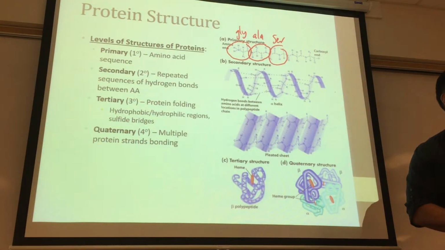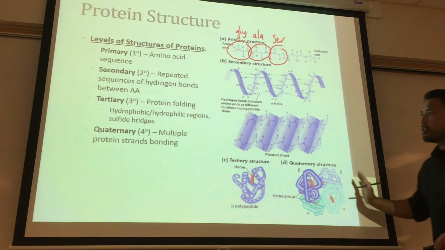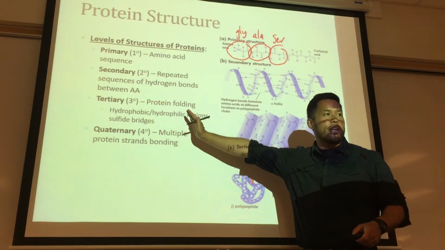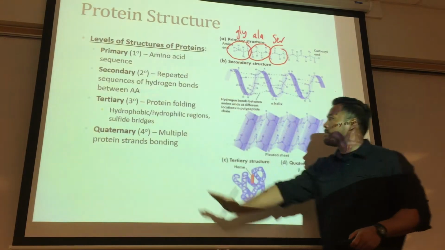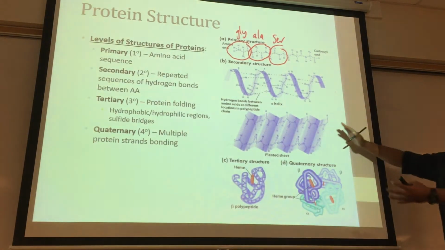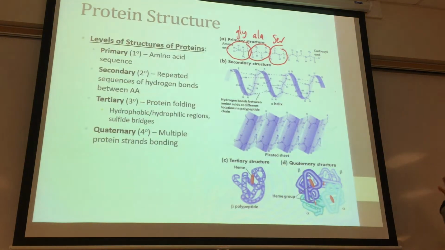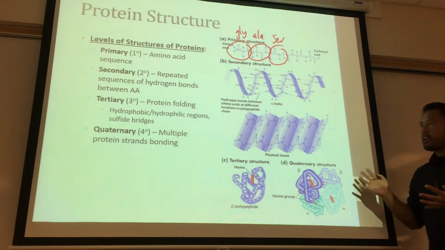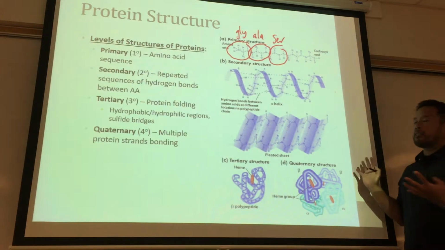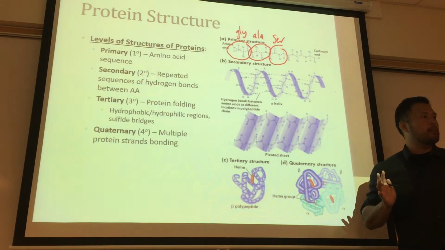The third, now stay with me, is protein folding. Based on the regions of this protein that start to fold, there will be areas that are hydrophobic and areas that are hydrophilic. Some areas will want to stay away from water, and areas that will love water and get more exposed to it.